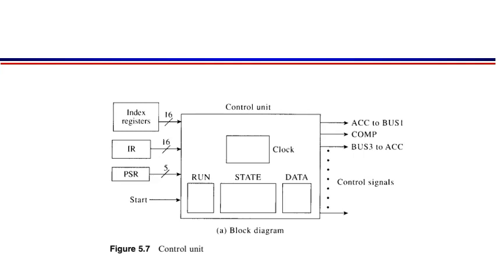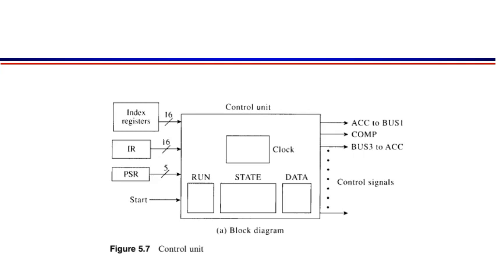So control unit will generate a signal accumulator to bus 1, MBR to bus 2, add operation, add signal, and then accumulator to bus 3. These are the four signals which are generated by the control unit for the add operation.